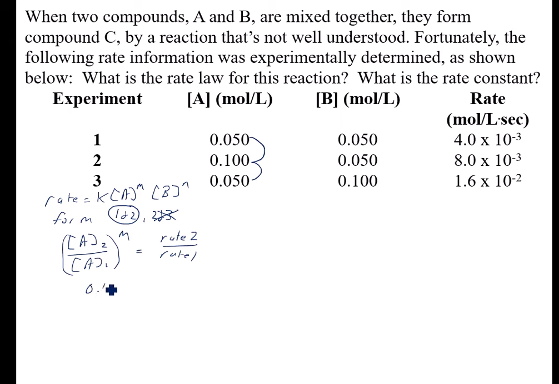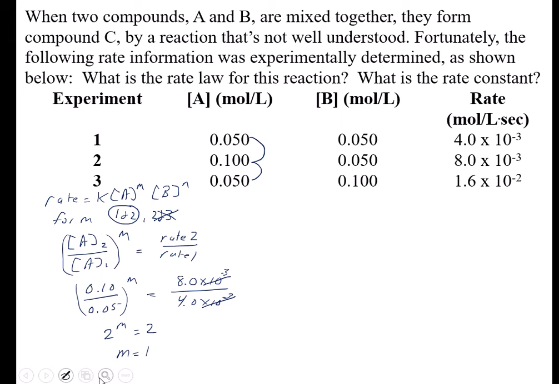I have 0.10 divided by 0.05 to the M is 8.0 times 10 to the minus 3 divided by 4.0 times 10 to the minus 3. And again, 0.1 divided by 0.05 is 2, so I have 2 to the M, and 8 divided by 4 is 2. So here's my first example, M is equal to 1.